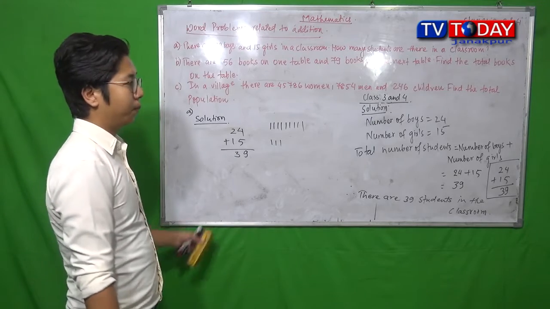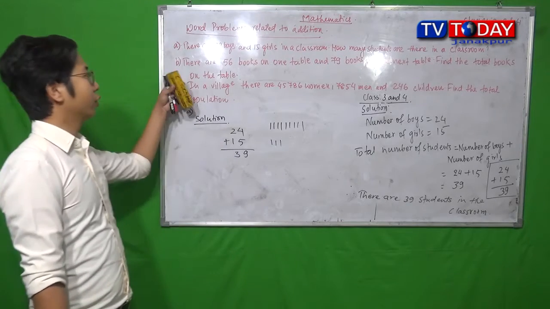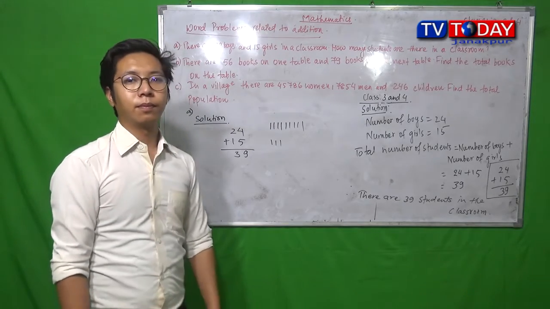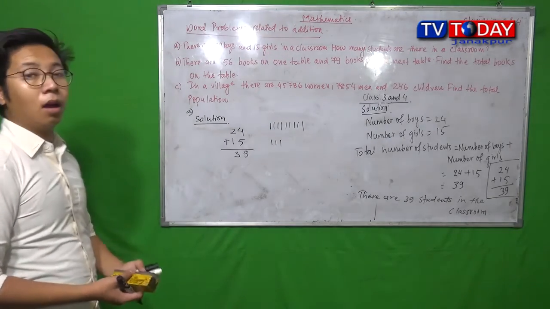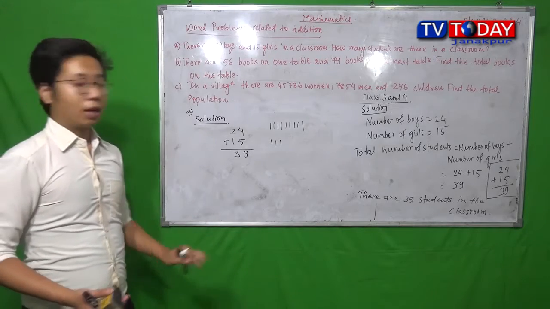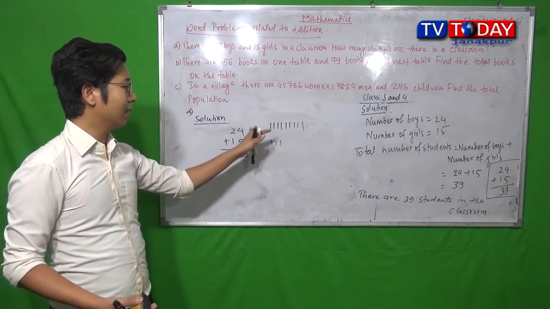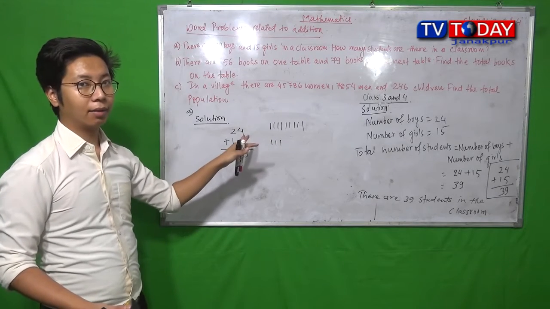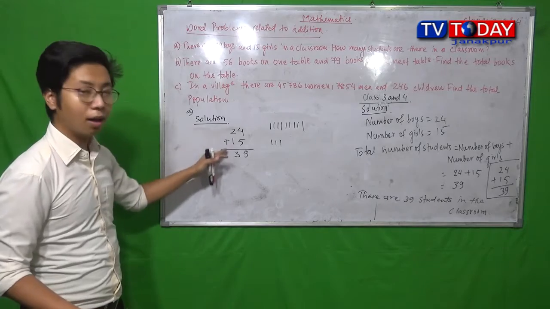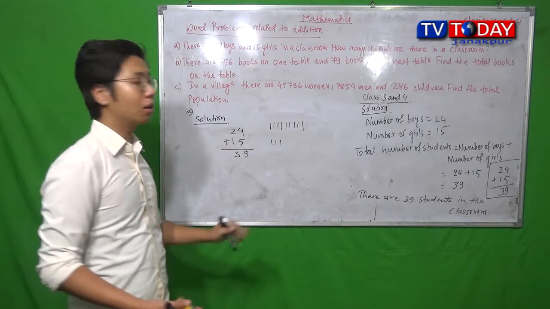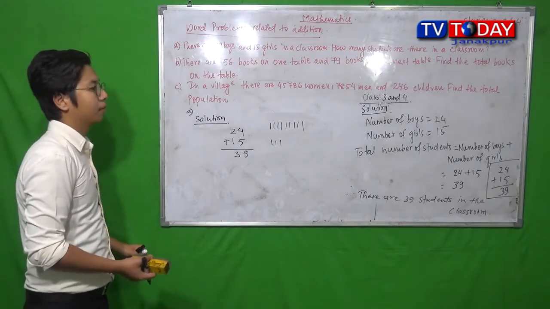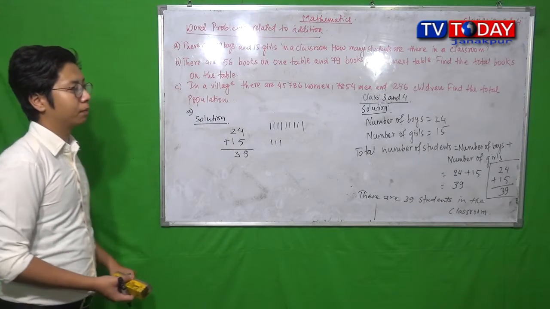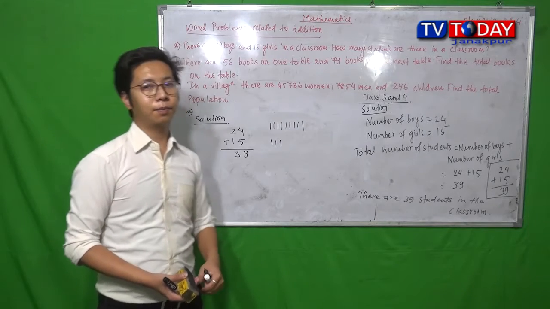Now write in your copy, then we will go to the next question, question number B. I am always telling you that always start adding from which side? Right side. You can't do the addition from the left side, otherwise your answer might be wrong. Write down fast.